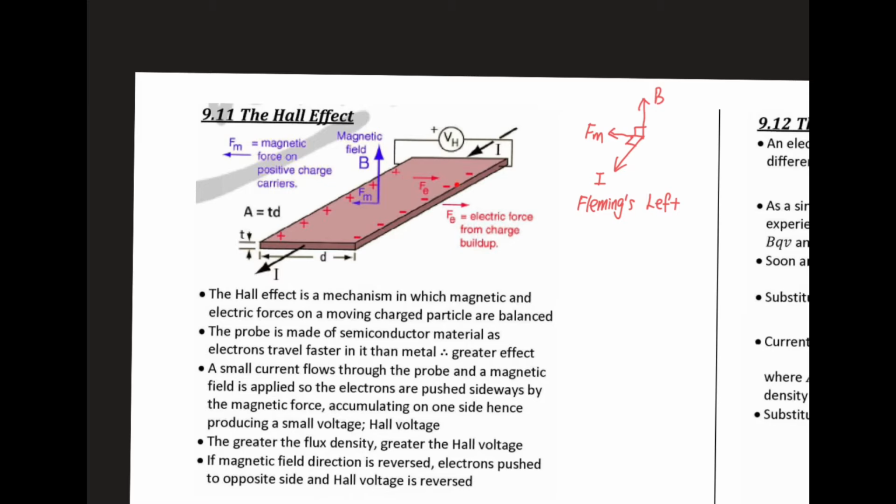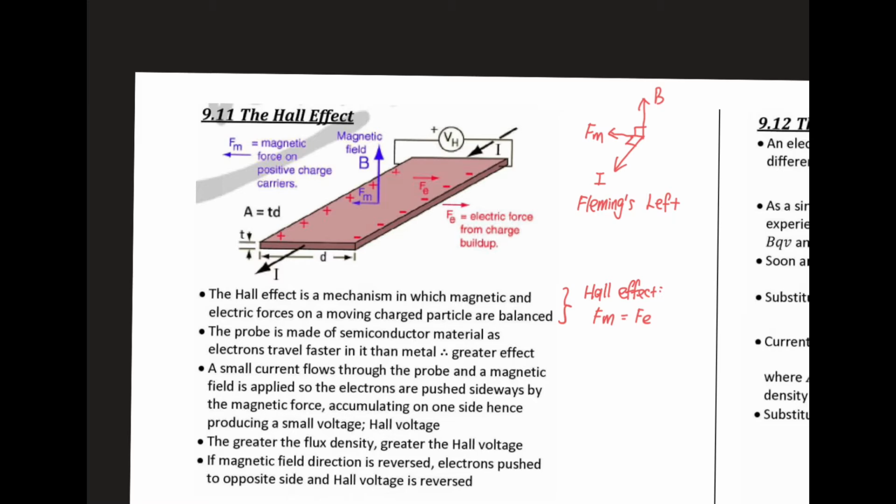If the forces are balanced, then that is called Hall effect. So I write at the side first: Hall effect is where the magnetic force is equal to the electric force.